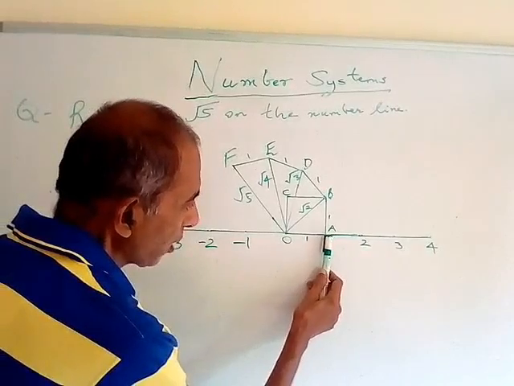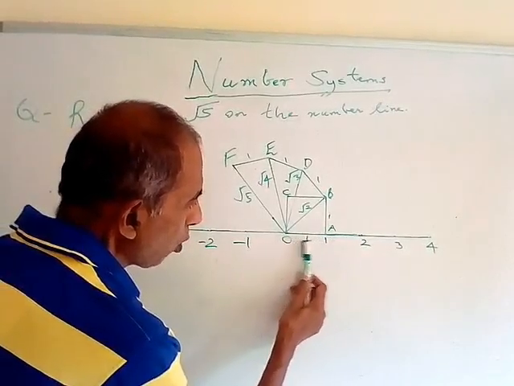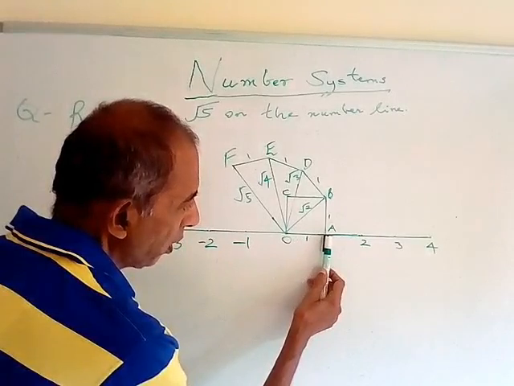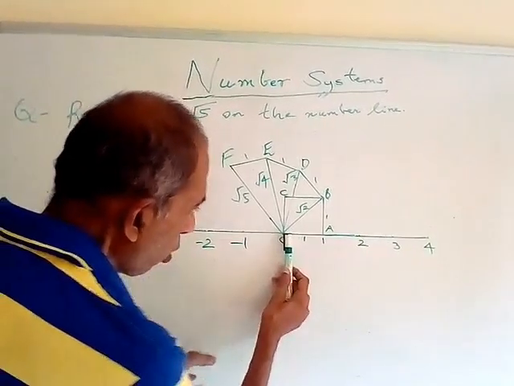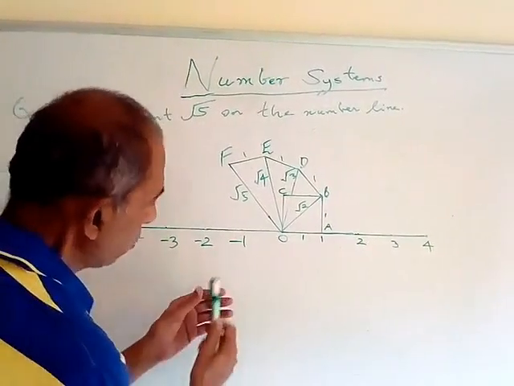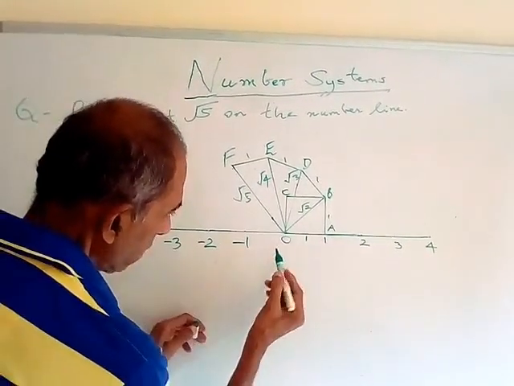Then a square. This point is O, here the mark is 0.